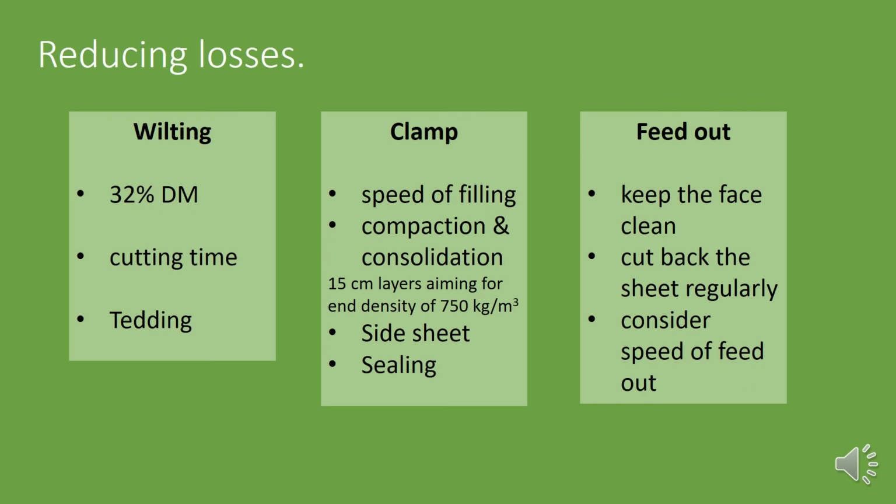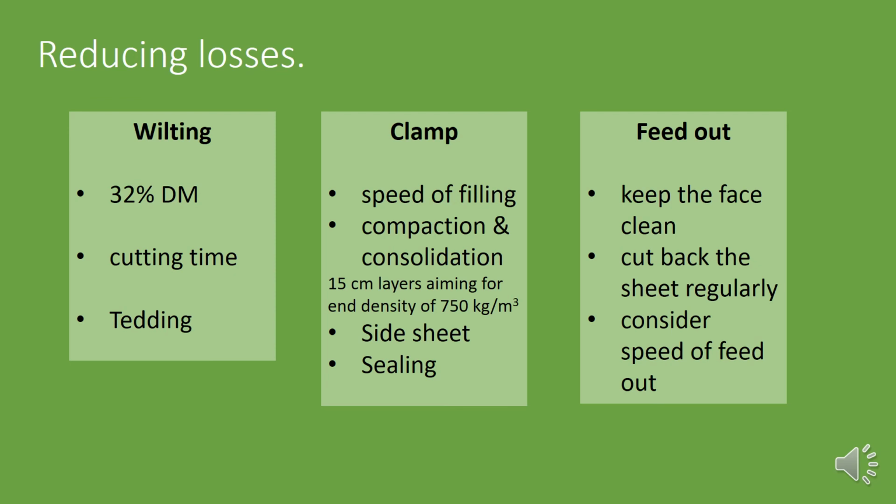When the clamp's open during feed out, it's really important to keep the face clean and to cut back the sheet regularly, and also consider the speed of feed out. So it's important to use a shear grab and not a loader bucket to feed out, and this helps you to keep that face clean.